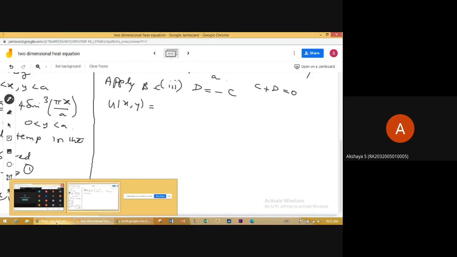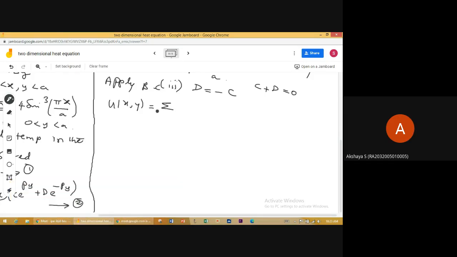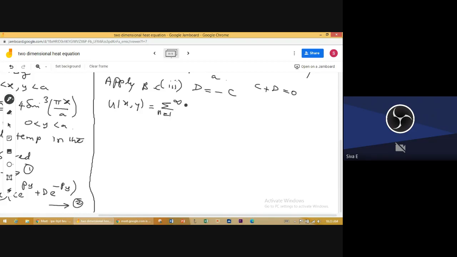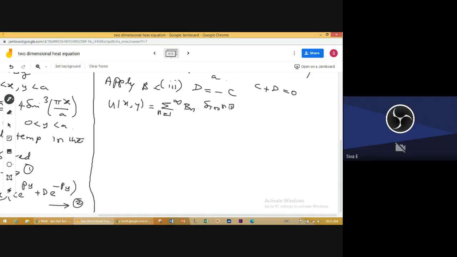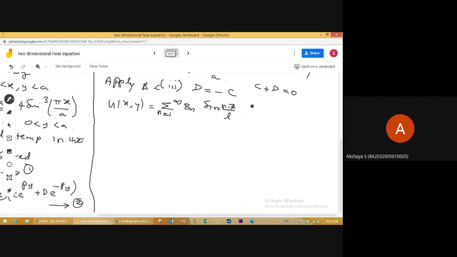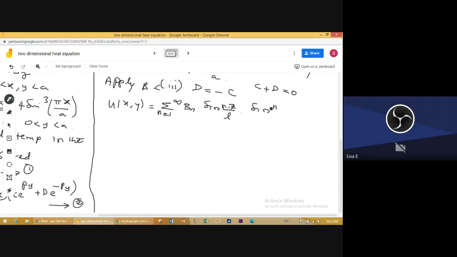Sir, summation n equal to 1 to infinity, capital Bn into sin(nπx/L) into sinh(nπy/L). Yes, sir.